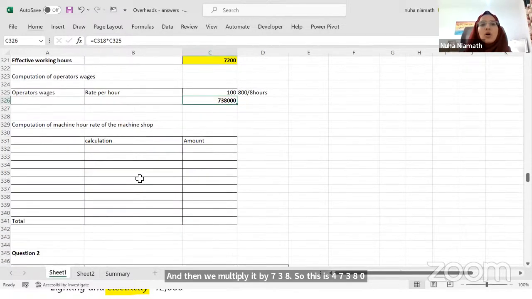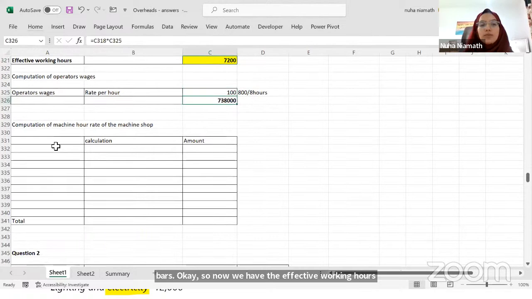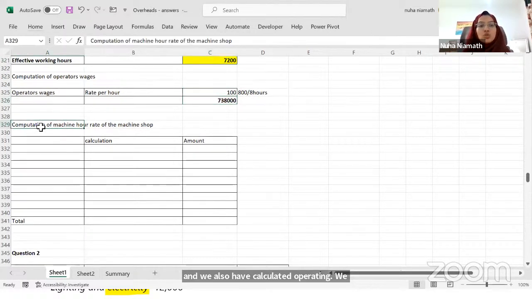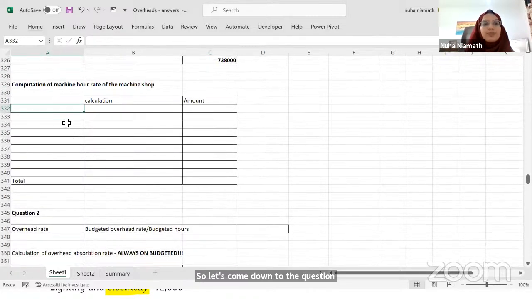Perfect. So now we have the effective working hours and we also have calculated the operating wages. So let's come down to the question solution. Okay, so now let's come back to the question, which is the calculation of the machine hour rate.